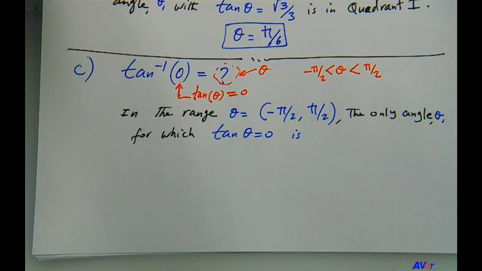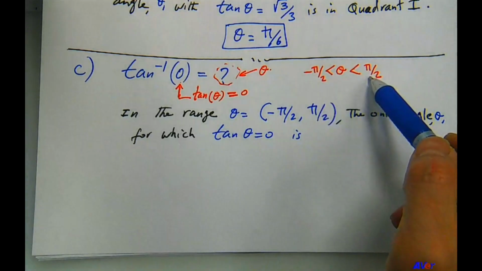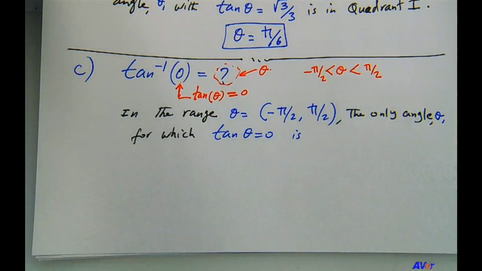So wherever the sine of theta is equal to 0, then the tangent is going to be 0, because 0 divided by anything is 0. So in the range negative pi over 2 to pi over 2, what angle would have a sine of 0? 0. It's the 0 angle.